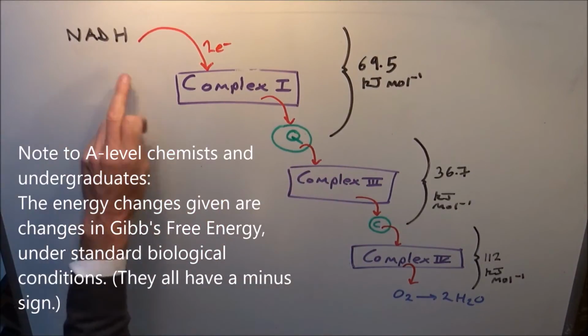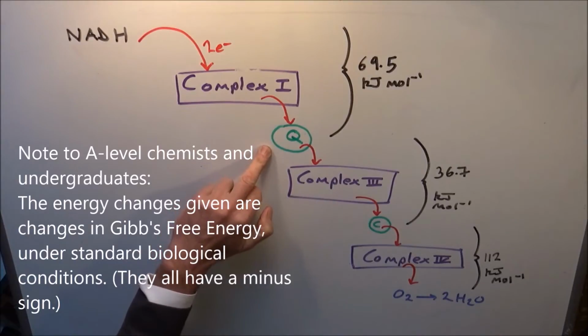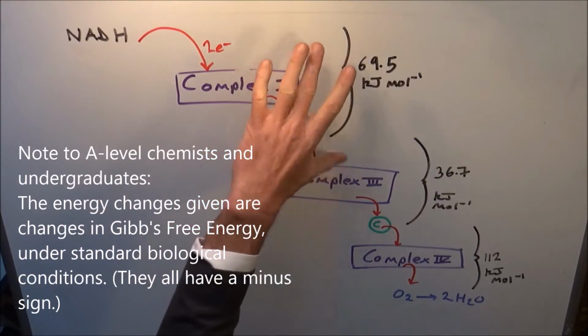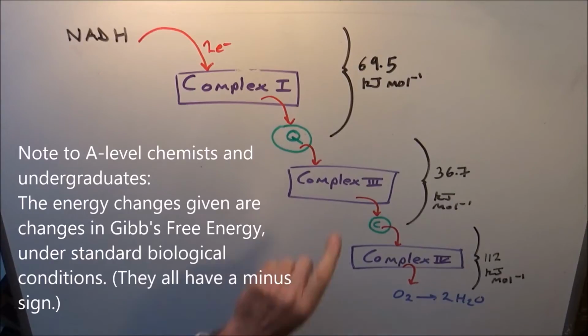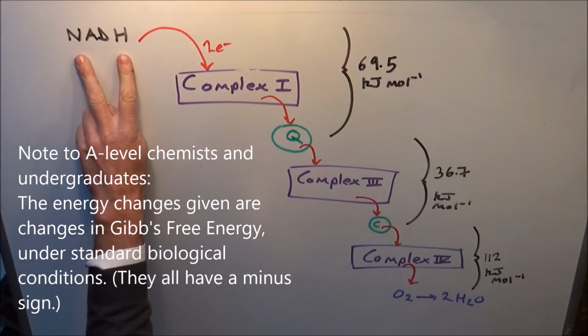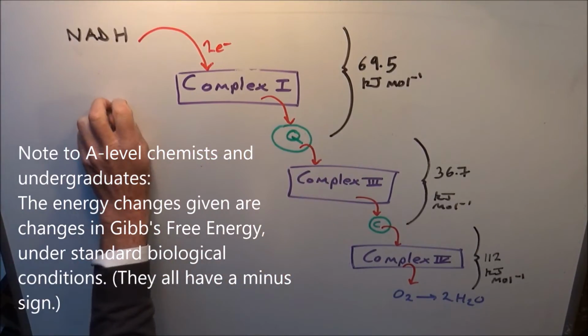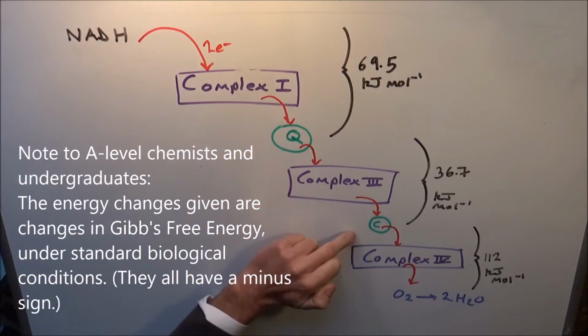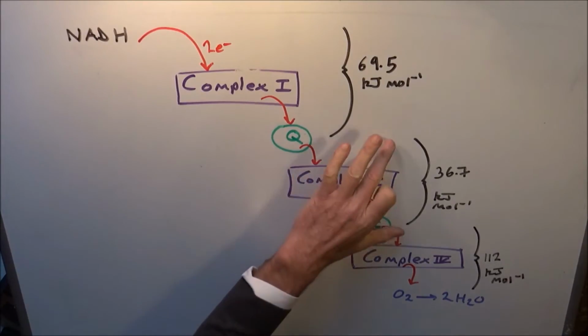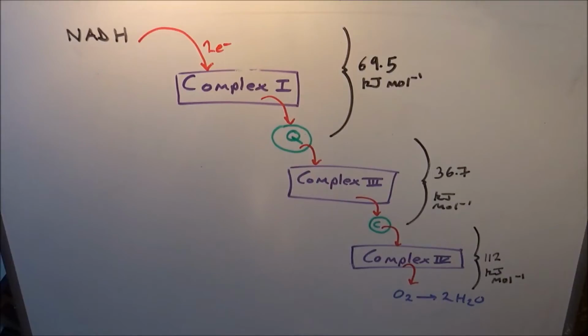So going from NADH to coenzyme Q, we lose 69.5 kilojoules per mole, so that's per mole of NADH oxidized. And similarly, going from Q to cytochrome C, so that's through complex 3, we lose 36.7 kilojoules per mole, and then from cytochrome C through to oxygen, complex 4, we lose 112 kilojoules per mole.